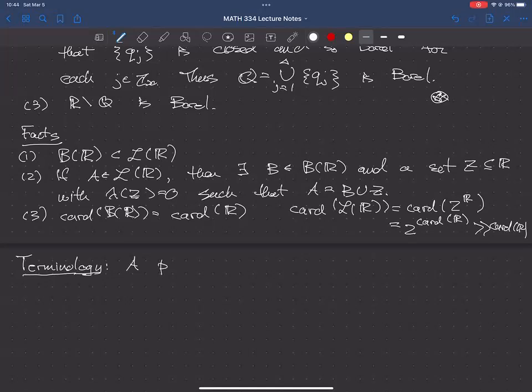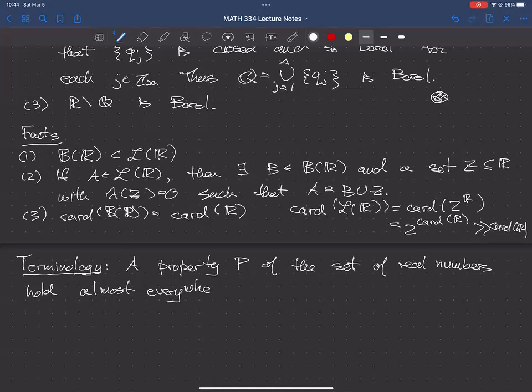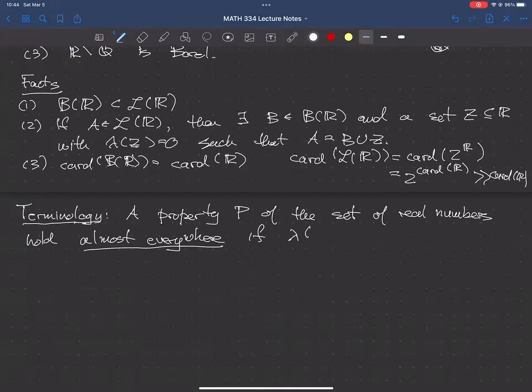A property P of the set of real numbers holds, and the terminology is "almost everywhere," if the Lebesgue measure of the set of points x in R for which P is not true, if that set has zero measure.